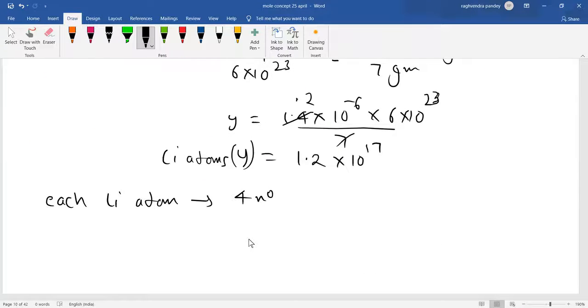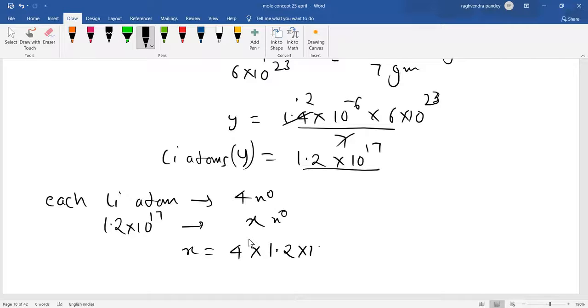How many lithium atoms do we have? 1.2 into 10 to the power 17. So these will have x neutrons. Doing the basic maths of your 5th, 6th class, 12 times 4 is 48, so that will be 4.8 into 10 to the power 17. So that is the answer.